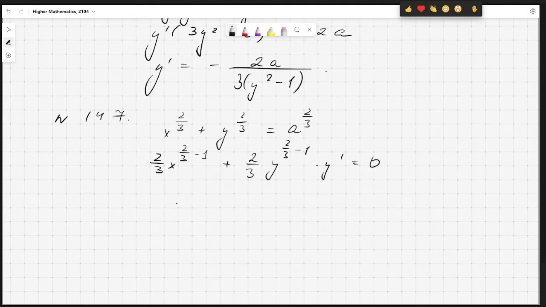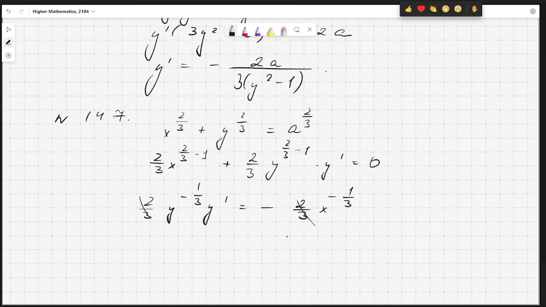From this, 2 over 3 y to the power of minus 1 over 3 y prime equals minus 2 over 3 x to the power minus 1 over 3.